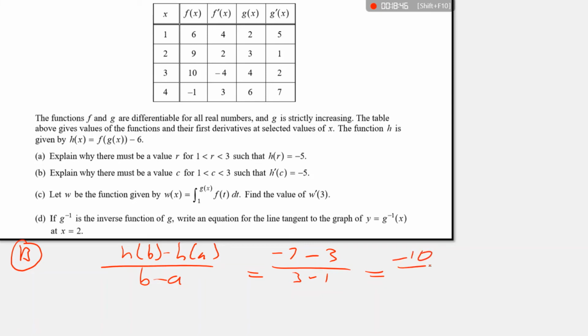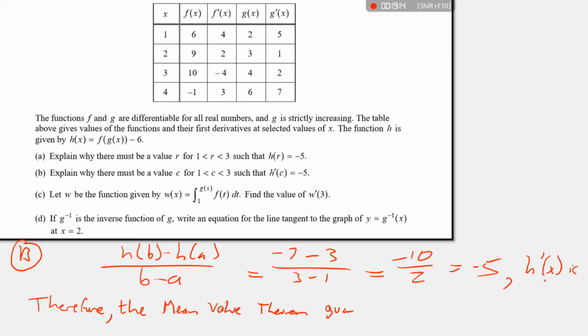Okay, so that's negative 10 over 2, or negative 5 is my average slope. Okay, so therefore, the mean value theorem, h prime x is differentiable.